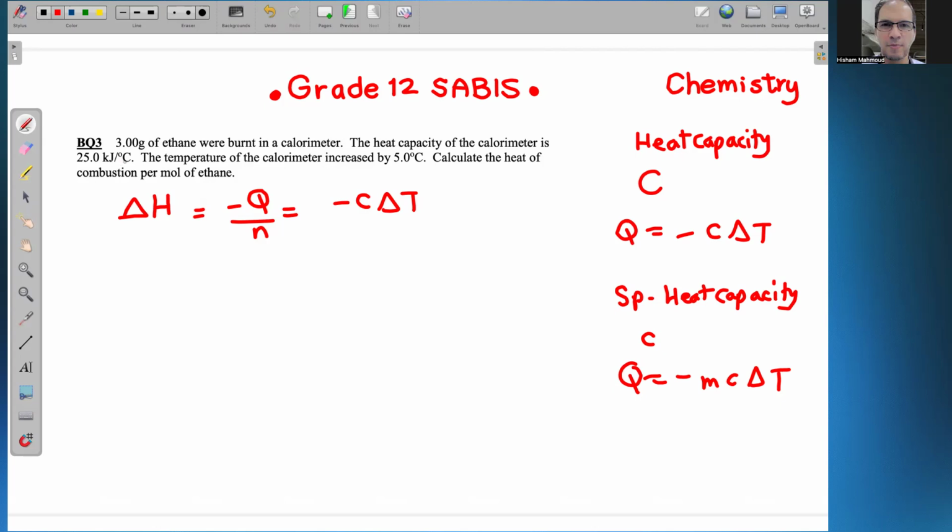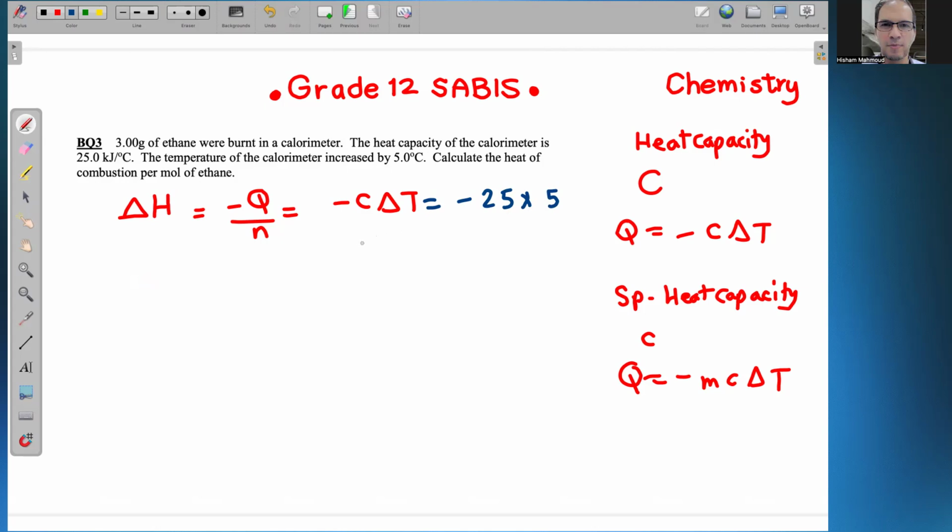Here we have a bomb calorimeter, so we have the specific heat capacity or the heat capacity. You have the heat capacity because it's capital C, and because he said it was burned in a calorimeter and said the heat capacity only, he did not say the specific heat capacity. So delta H is equal to negative 25, which is the C, multiplied by the change in temperature, which is 5.